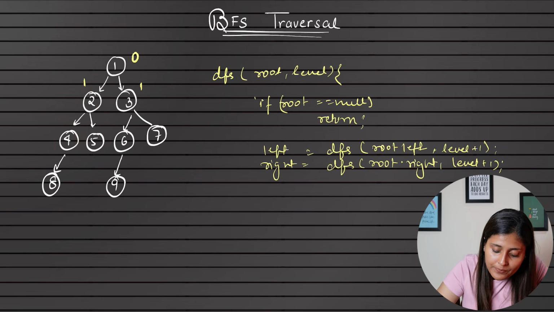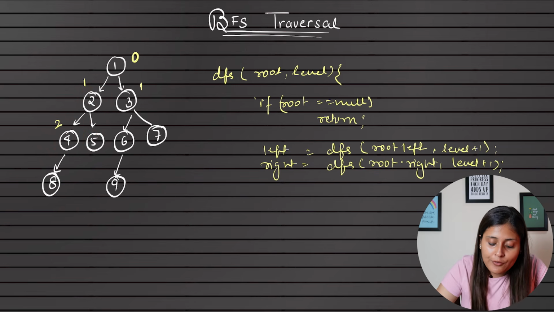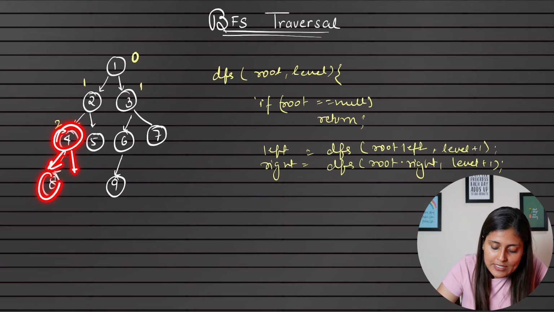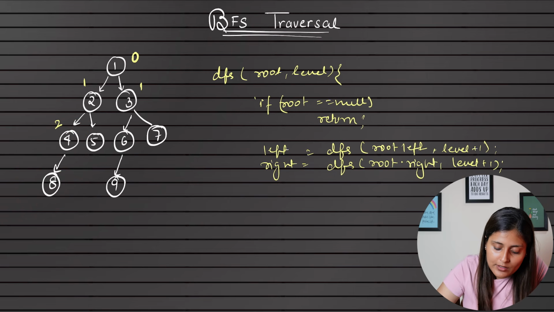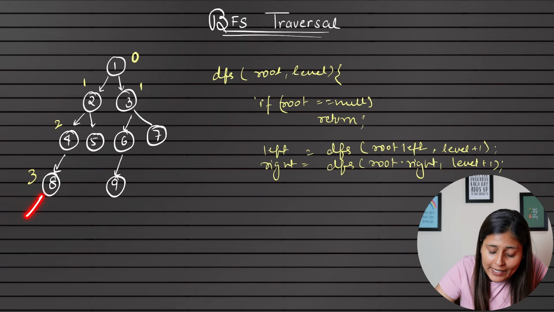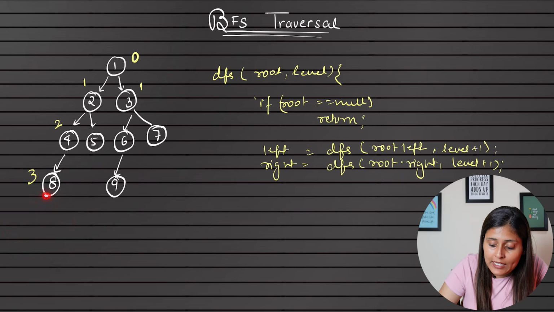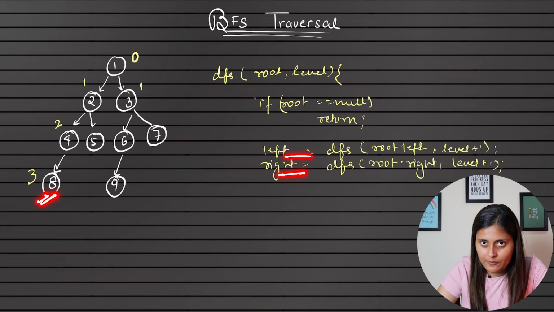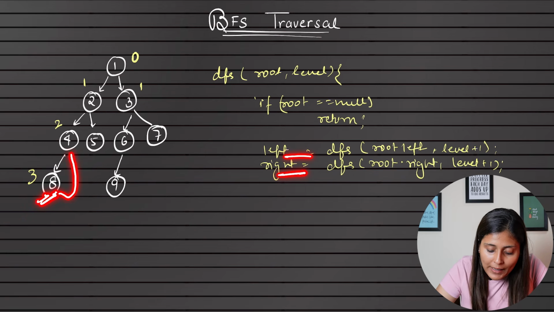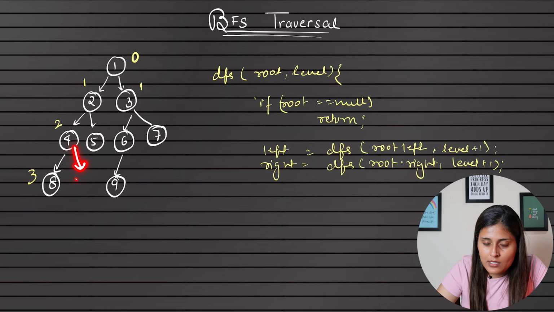So what will be the level? Can I say 2? Similarly for 4, left and right. First left call, so level will be 3. Now for 8 also left and right, but as left and right are null, it will check and return. Then we will go back. Again on right it's null, we will go back.